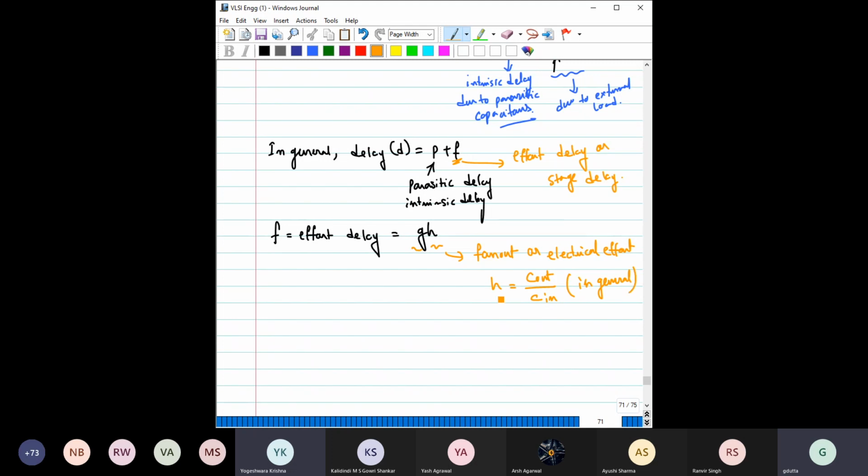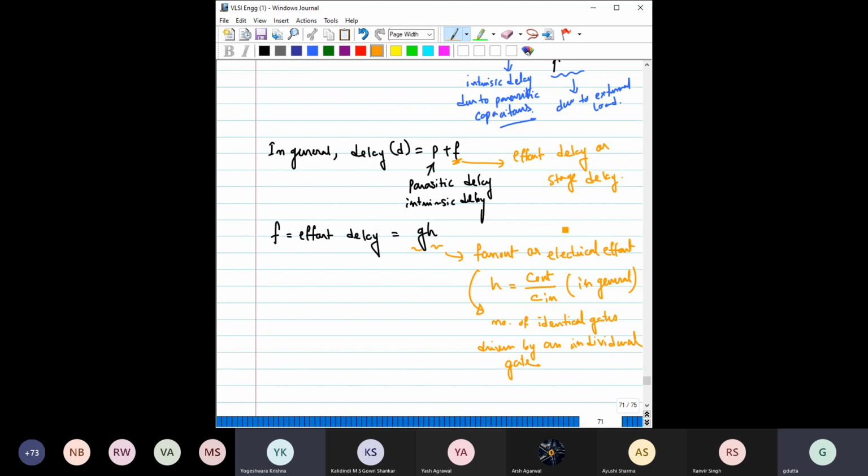In other words, we can also define it as the number of identical gates driven by an individual gate.